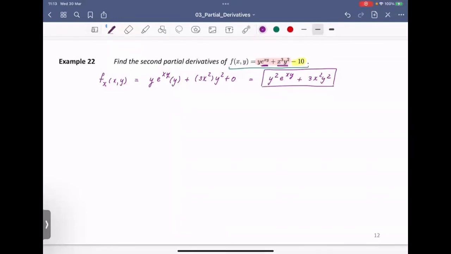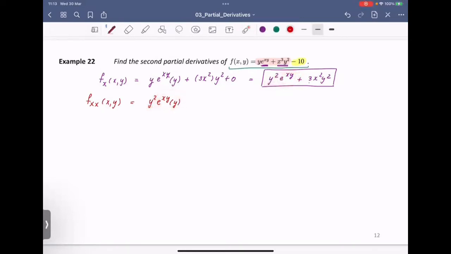Okay, and from here you can compute f double prime x. I should say the derivative with respect to x 2 times. Which means you take the thing that you have in the box here and take the derivative one more time. So it's y squared, and then e to the xy, you get e to the xy times y again, because y squared is constant now. This is e to the xy times y, because you use the chain rule.